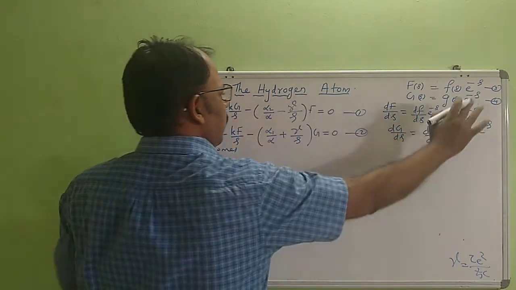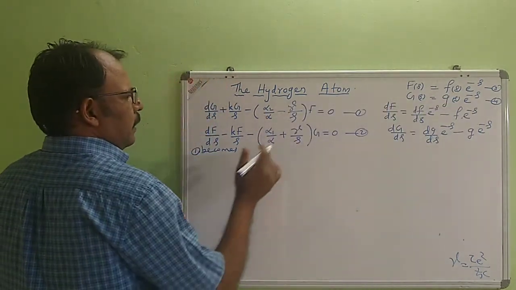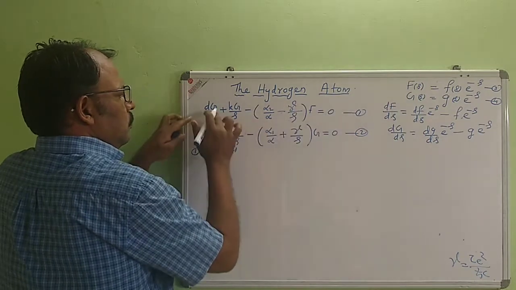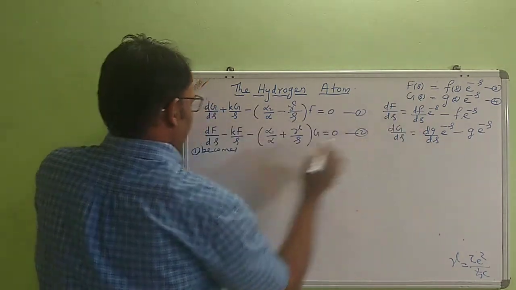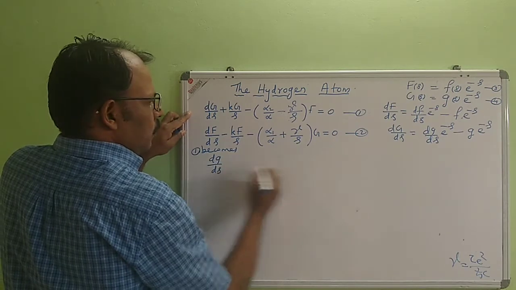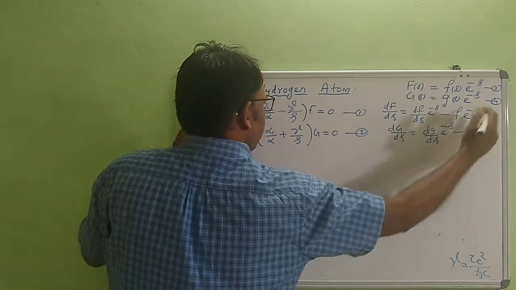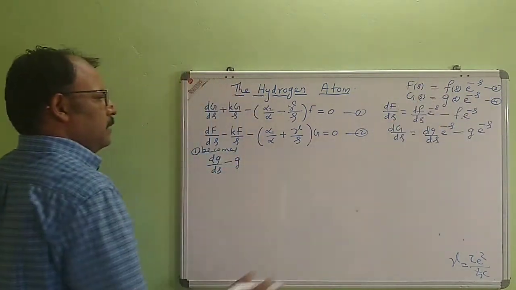All the terms are having e raised to minus rho, so I am cancelling that e raised to minus rho term. Now dG by d rho is d small g by d rho minus g. The exponential term I am taking out, and finally I am cancelling that.